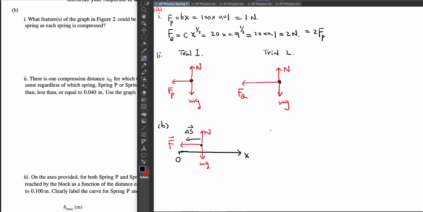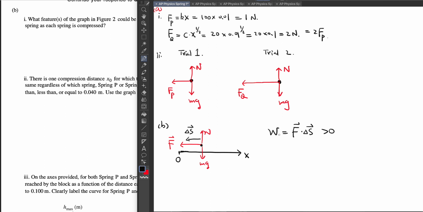So the work done by the spring force, let's say, is F dot delta S. Here delta S I'm right now assuming is some small finite displacement along that direction. Now we see these two vectors are in the same direction, so the work here should be positive. So the spring does positive work pushing the block to the left, increasing its kinetic energy.